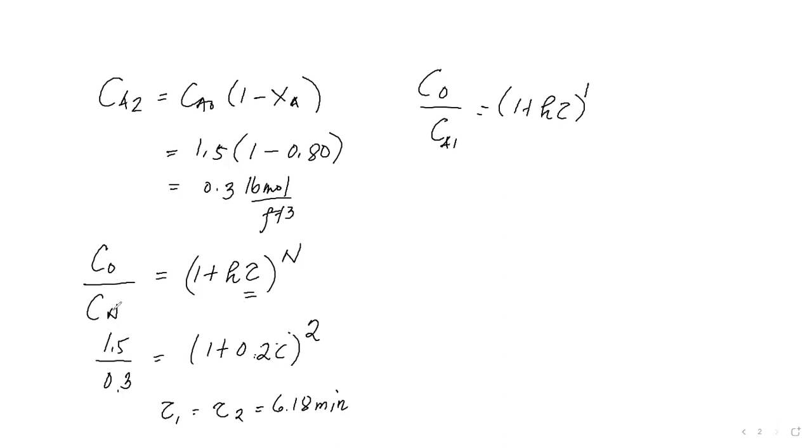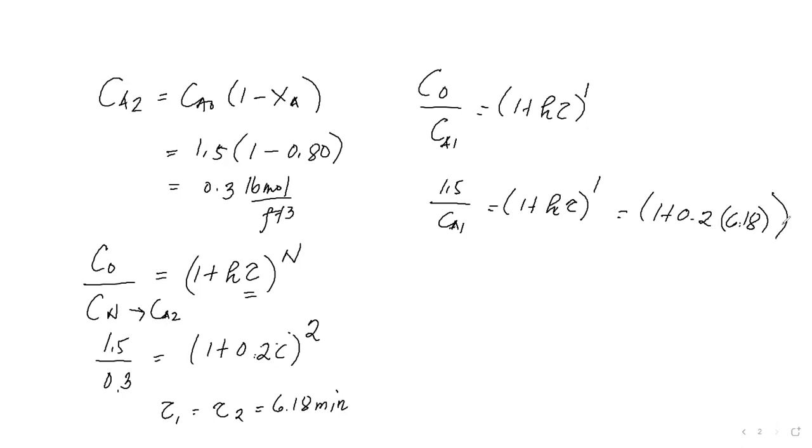Here, it's 2. Your C sub n here, rather, is Ca2 because the n that I used is 2. Okay, so if this is 3, then this must be Ca3. Since I'm now looking for Ca1, this must be 1. So same thing, you will have 1.5. I want to know Ca1. I will have 1 plus k tau raised to 1. This is 1 plus 0.2 times the space-time that we already know to be 6.18.